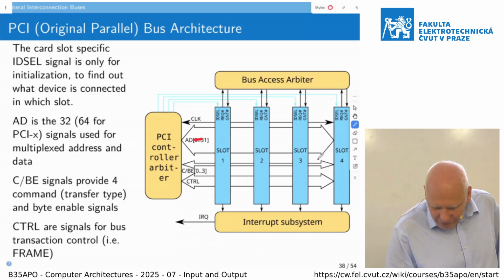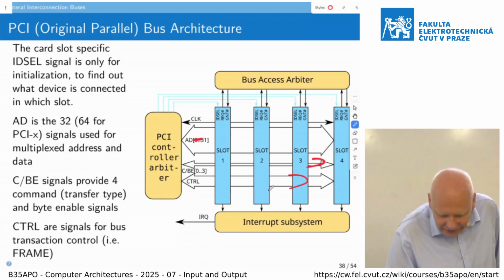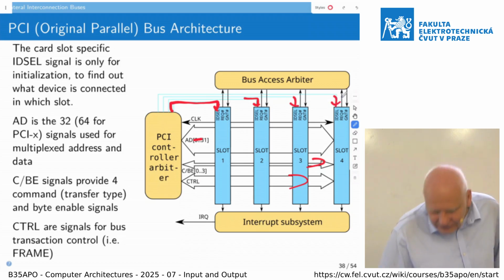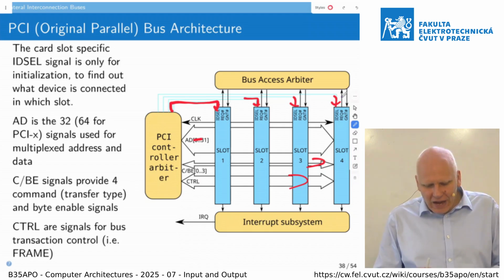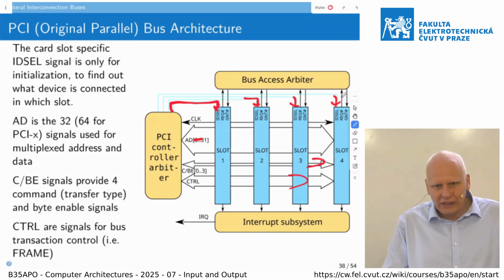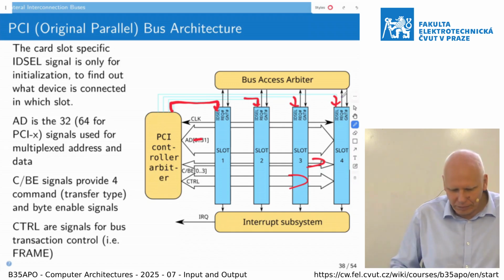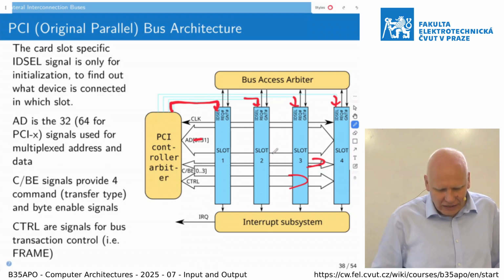Then there are some control and bus enable signals and other control signals, but there is one specific thing: each slot has an individual signal called IDSEL, and this signal is used at the start to notify a board, an add-on card in the given slot, that I want to read your identification. So this is the way the PC enumerates the inserted add-on cards at the start, by reading the identification with this active IDSEL signal.